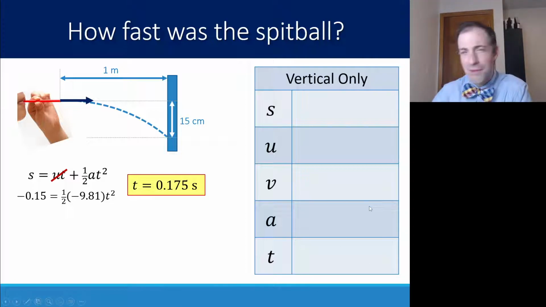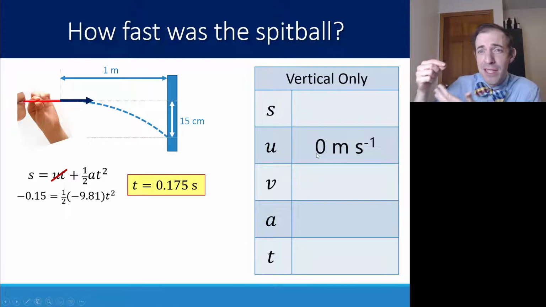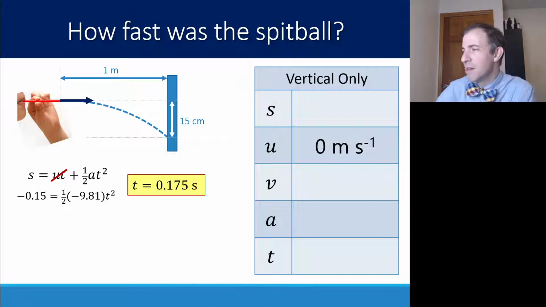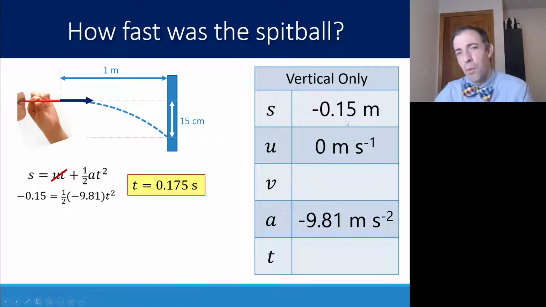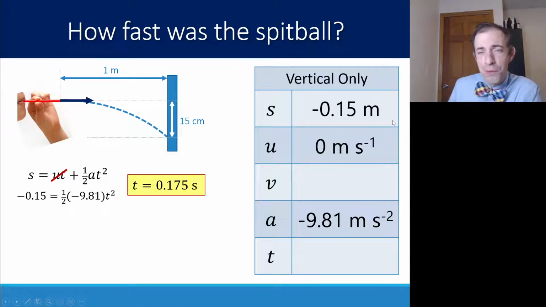So we can look at the vertical direction of this and say, well, if it's perfectly horizontal, there's no vertical initial velocity. We're going to say it starts at 0. We know that it accelerates downward at negative 9.81 meters per second squared, and that vertically, it looks like it falls 15 centimeters, which is 0.15 meters. Going down, we'll call that a negative. We don't know what the final velocity is, and we're looking for the time.